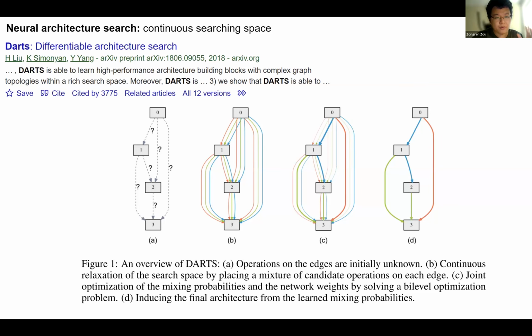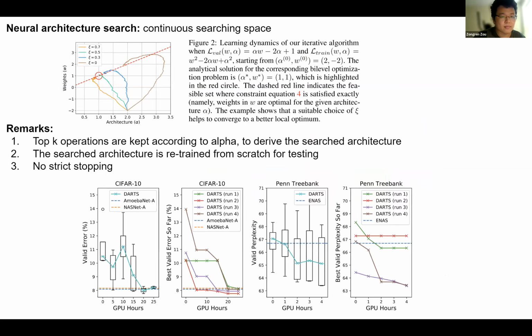So of course it can be used to make predictions, it can be used for inference, but that's not how DARTS does it. In DARTS, the architecture is derived from alpha, and then the searched architecture is retrained from scratch to compare with other architectures manually chosen. So this is very important.